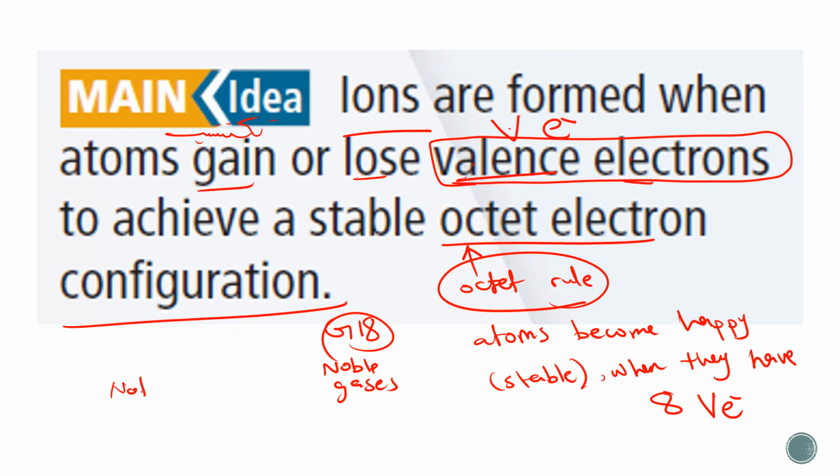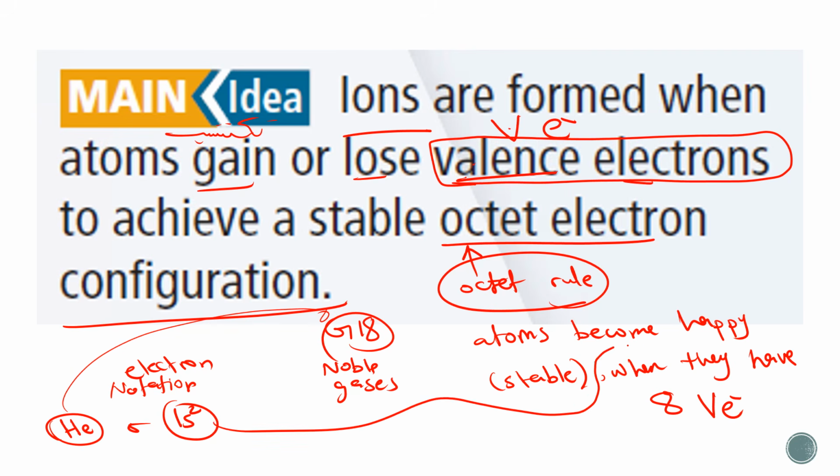If the electron notation is 1s2, like helium, اللي هو أول عنصر في group 18, then it is happy. Okay, only 1s2, you are happy. Otherwise, you need 8 valence electrons, and we'll see some other exceptions, okay, throughout the video. So that's why atoms lose or gain electrons, okay.